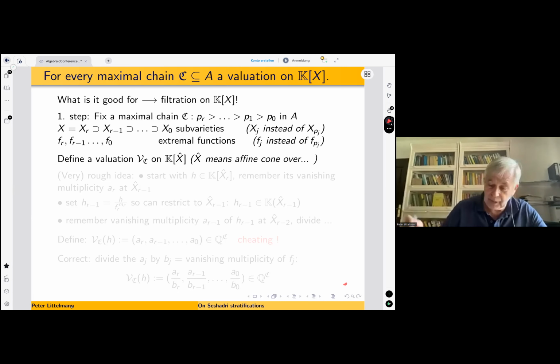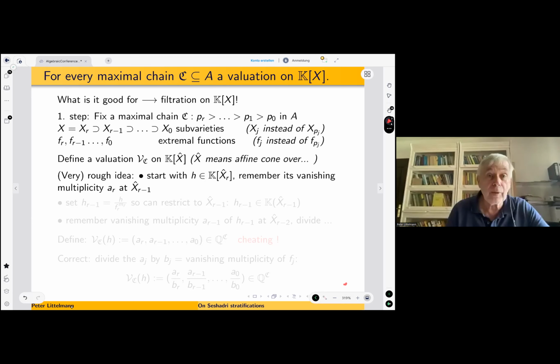Let's go to the affine picture and replace my embedded variety by its affine cone. Here is a very rough idea how this works. I start with a regular function on my X. Then in my chain I have the next smaller variety, which is the divisor. And then I remember the vanishing multiplicity at this divisor.